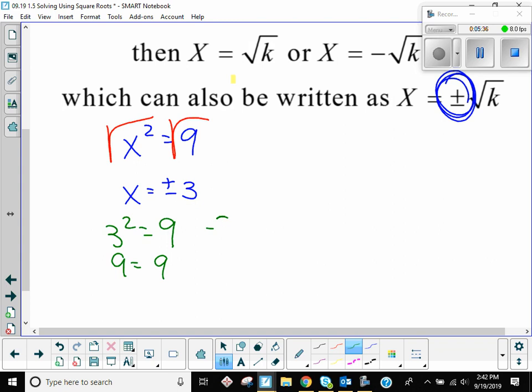That's what squared means. Would that be a true statement? Yes, because negative 3 times negative 3 is positive 9, and 9 equals 9. So that's why we have the two different solutions, because you're squaring, and so both positive and negative would work. But I'm going to change that original thing just a little bit. I'm going to keep pretty much everything the same.